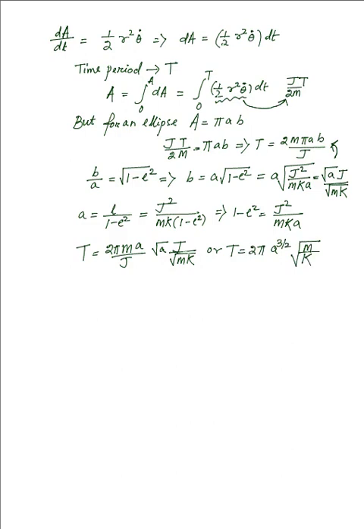We can just square this term, and finally we obtain T squared equal to 4 pi squared a cube m divided by k. As you can see, we have done away with the b factor, so all we have is T squared proportional to the cube of the semi-major axis, and this is Kepler's third law that we had predicted prior to the derivation.